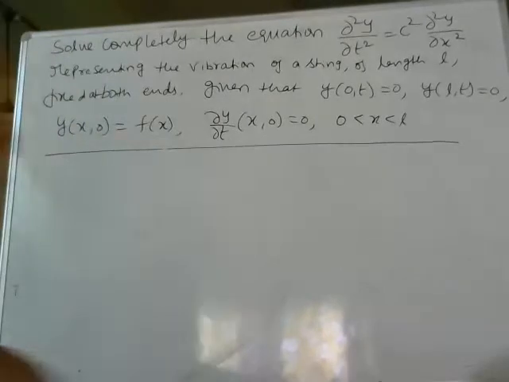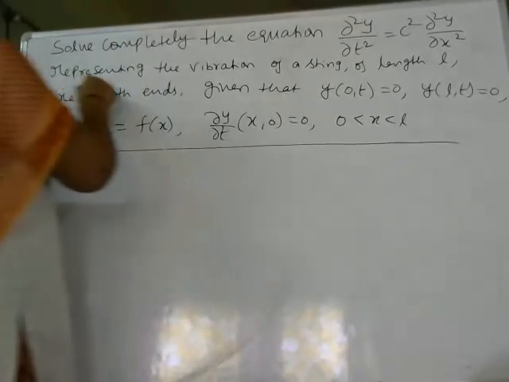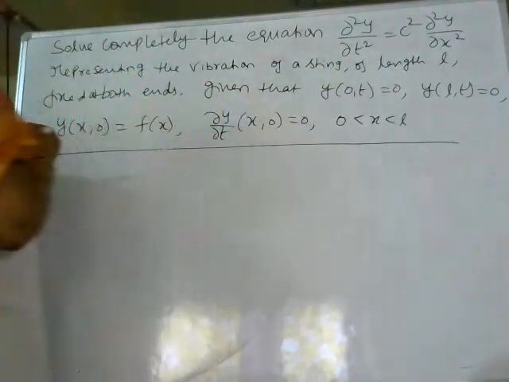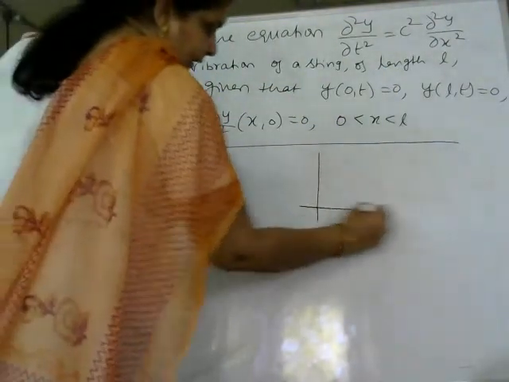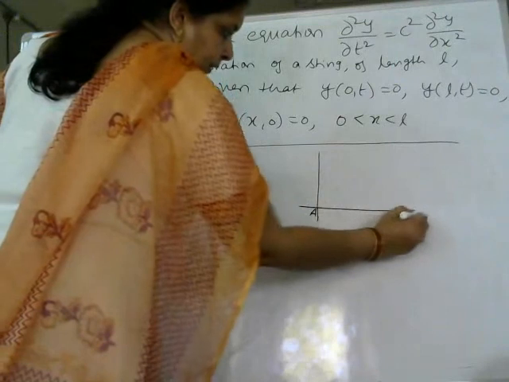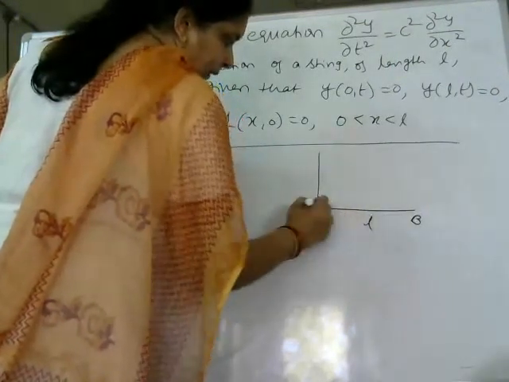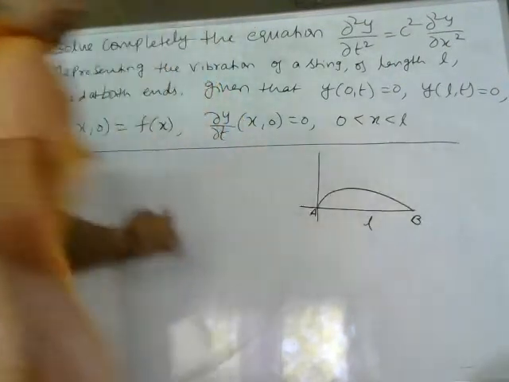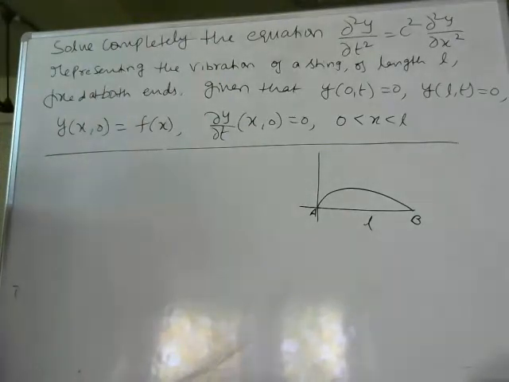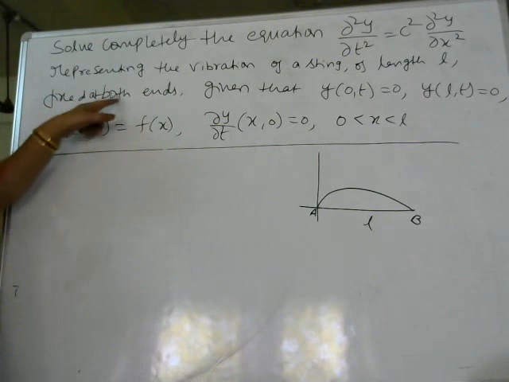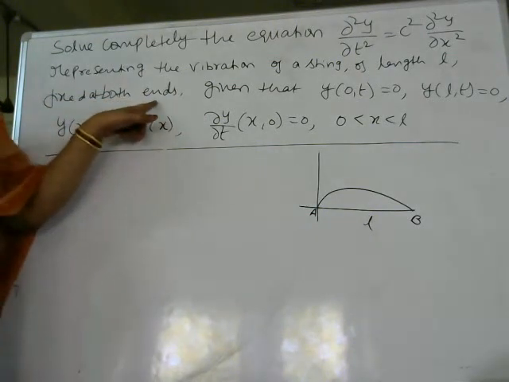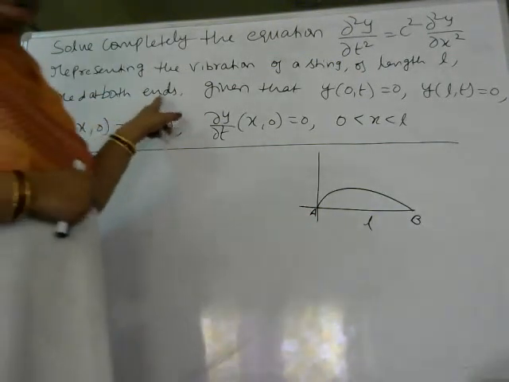Okay. What is the condition given? This is representing vibration of a string of length L. So as usual, we are taking the string like this. Let this point be A and this point be B, with length L over here, and it is vibrating. Now, see here that you are given the phrase fixed at both ends. What is the physical meaning of fixed at both ends?